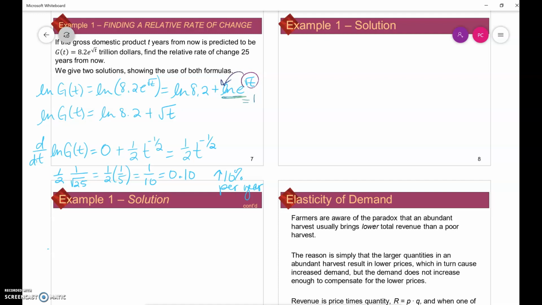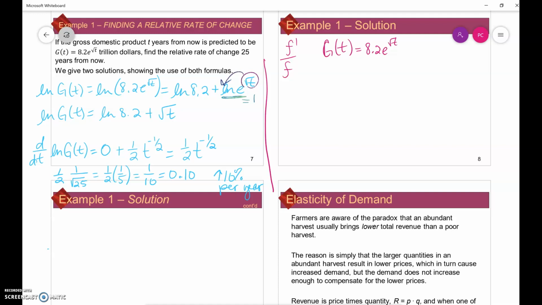Okay, that's one way to do it. Take the logarithm, use the properties of logarithms to expand, and then take the derivative. The second way that you can tackle this, and I'm going to write this in pink, is just to use that formula f prime over f. Okay, so we're going to take the derivative of the g of t. So g of t is 8.2 e to the square root of t.